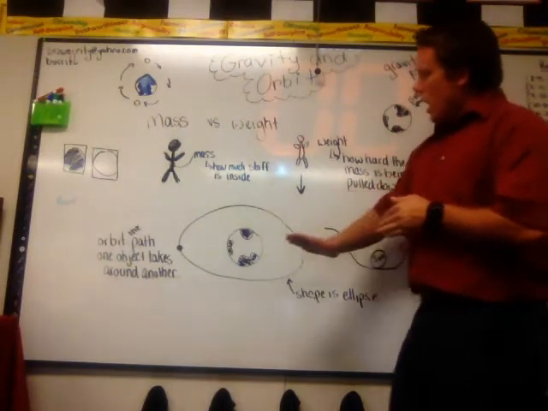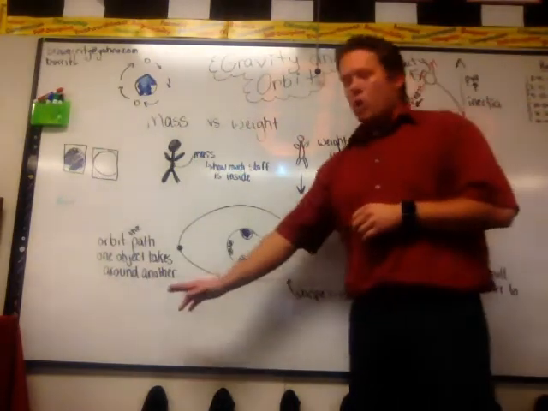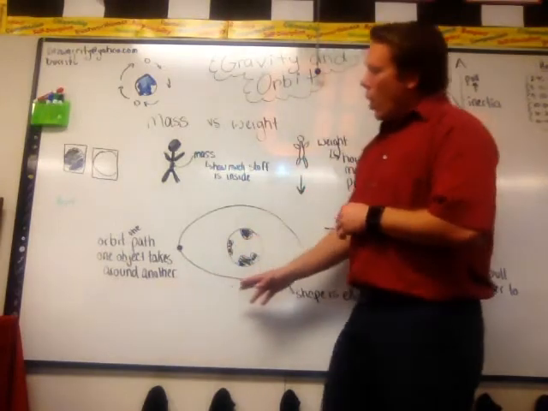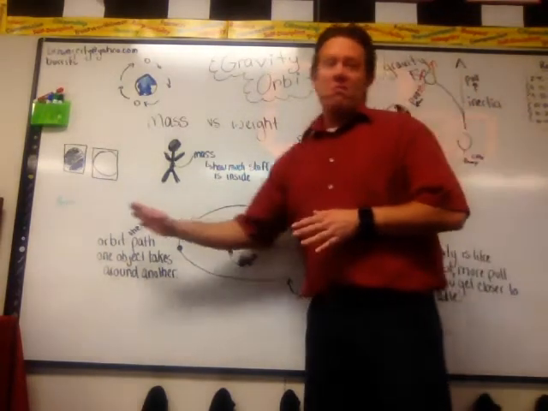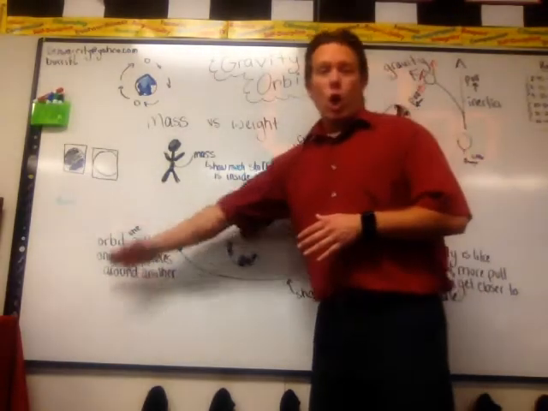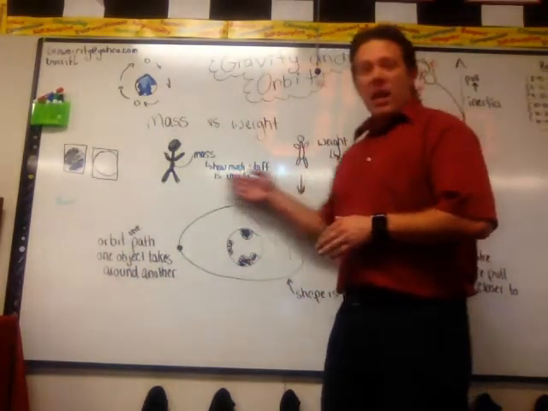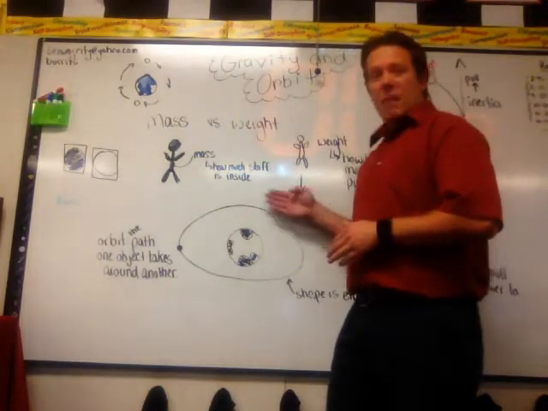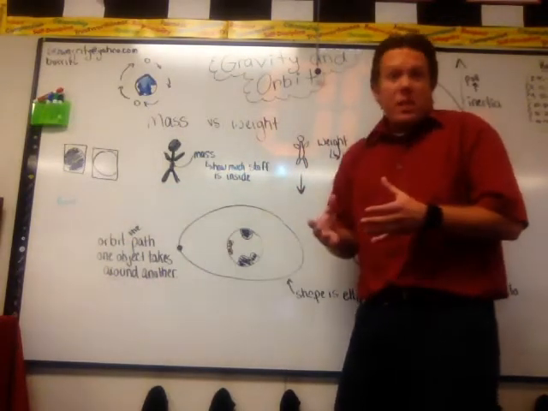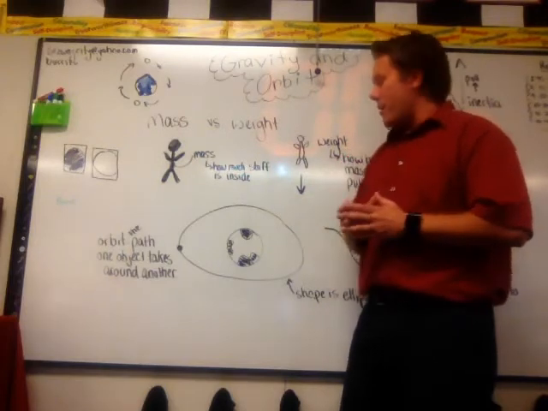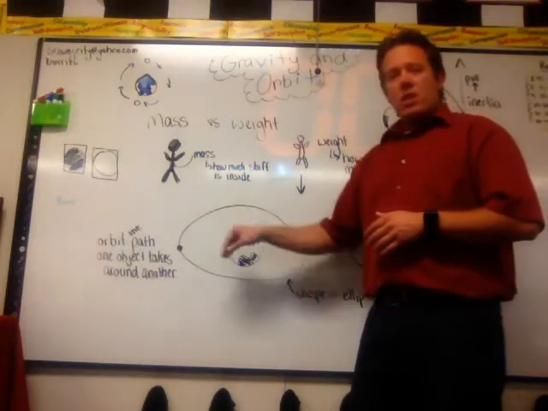Let's look here. We talked about orbits. An orbit is just the path one object takes around another. An orbit can be a circle. Something can also orbit something else in the path of a square. So how does it orbit? It orbits in a square. So orbit is just the path.